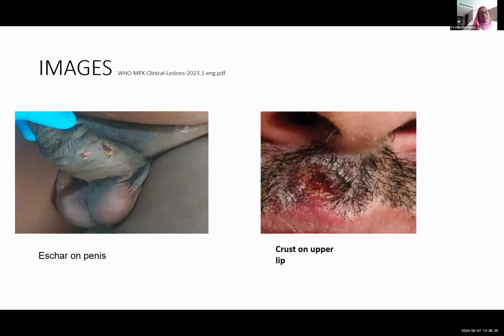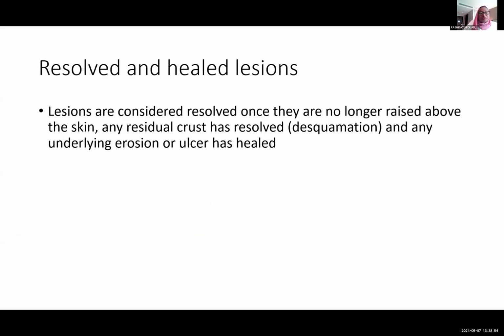So this is another showing the scabbed lesions and the eschar. You'll see the eschar on my left, and then on the upper lip. This could also be mistaken for herpetic lesions. We know that herpetic lesions are mostly seen around the lips, the tongue, etc. And then when the lesions are resolved and healed, they are no longer raised.